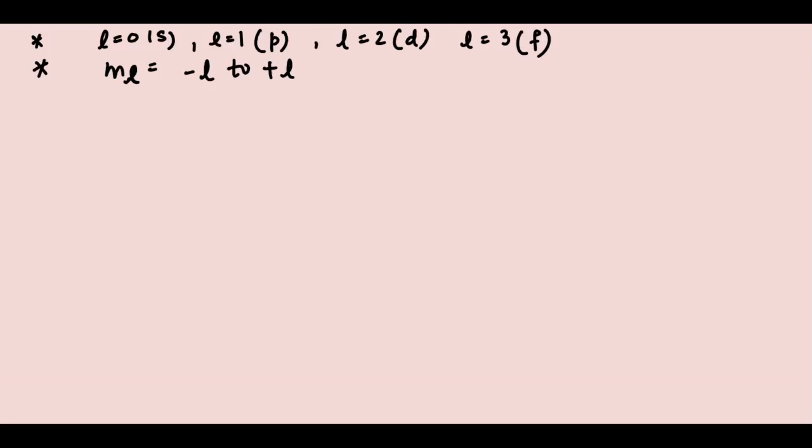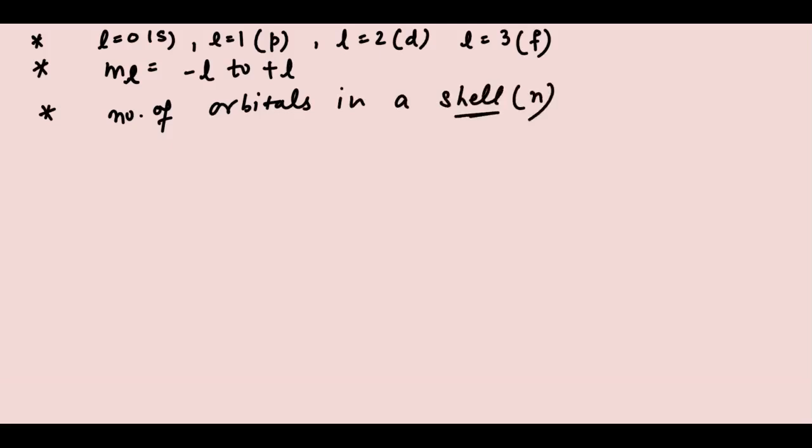Now, if you want to calculate the number of orbitals in a shell, that means in a principal quantum number, the shell is obtained by the principal quantum number.